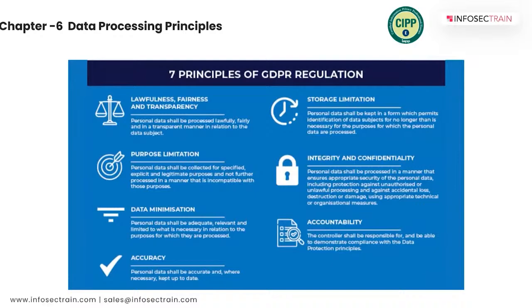The second principle is purpose limitation. If you are collecting personal data in an organization, you always map that collection to a particular purpose, right? For instance, if I go to a showroom to buy a car and I need to fill in my personal information to create a quotation, the company will be sending me information about the car, whether the car is available, or the further stages related to the purchase. Their information will be processed, right?